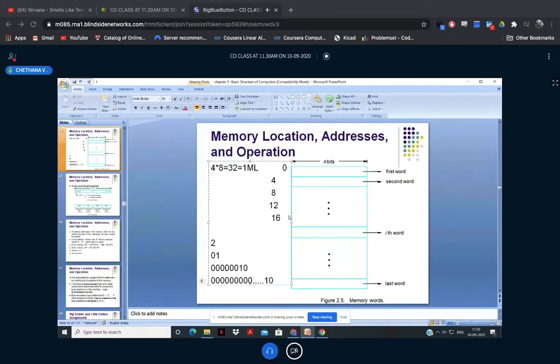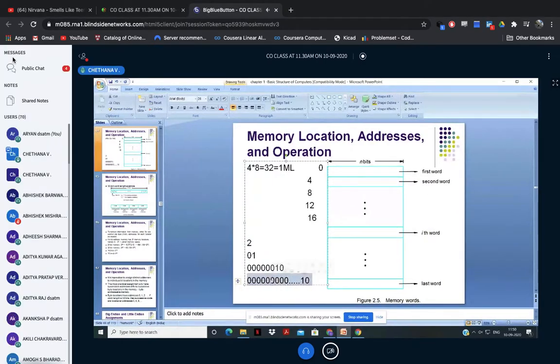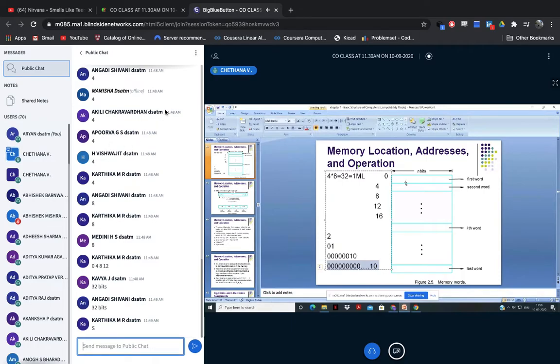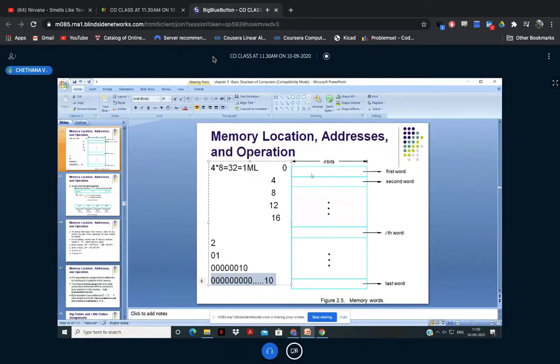Have you got my point? This complete data will be stored in this location. Are you agree? You're able to understand? So this complete data will be accessed and kept inside the memory location. I hope you are clear, isn't it?